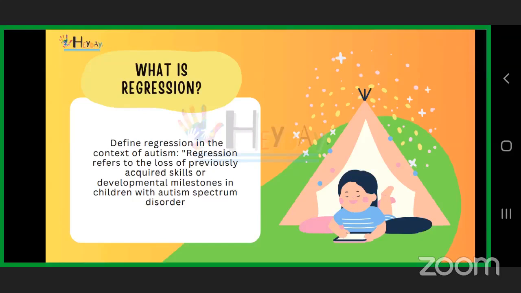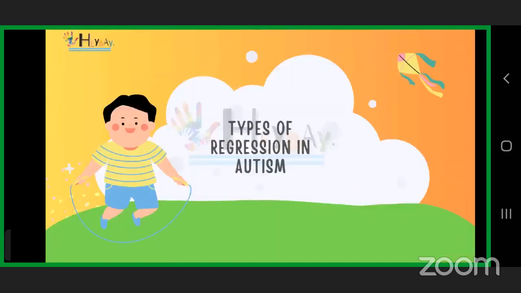I would try to explain that as time goes on. So regression refers to the loss of previously acquired skills or developmental milestones in children with autism spectrum disorder.